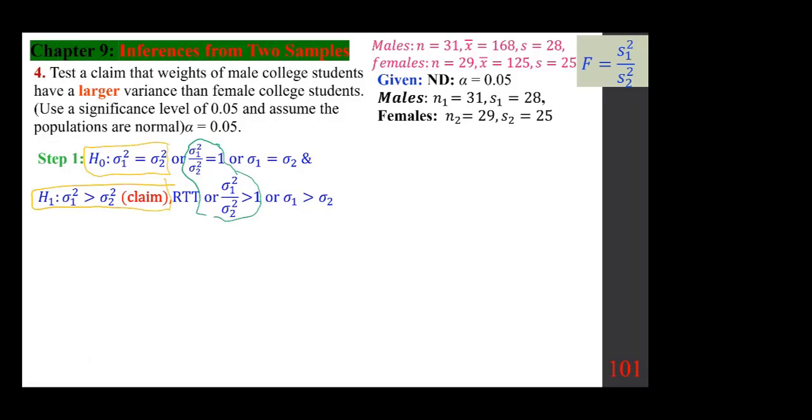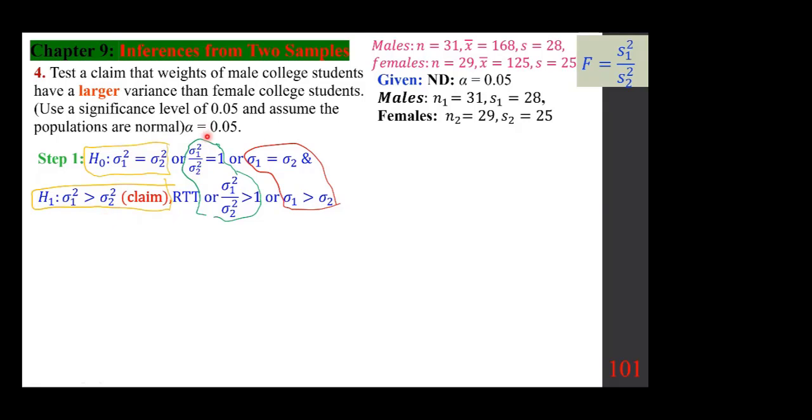Again, you shouldn't write all of them, but there are three different ways I wanted you to be exposed to. Here's the third one. I'm just showing you. You can say sigma 1 squared equals sigma 2 squared. Sigma 1 squared is larger than sigma 2 squared. That's done. Perfect. You're fine.